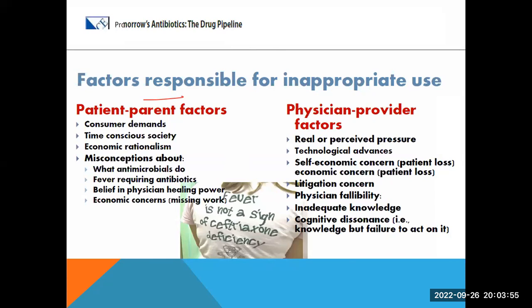Sometimes it's hierarchical issues. When you go to the junior physician, he says, oh no, the consultant is the one who ordered me to write this antibiotic for the patient. If you want to change it, don't talk to me, just go talk with the consultant and see if you can change it with him. So we're really having this huge problem.